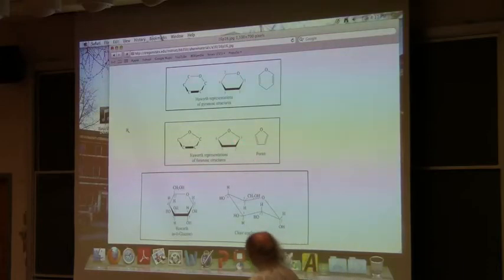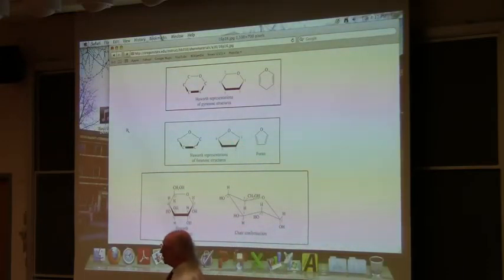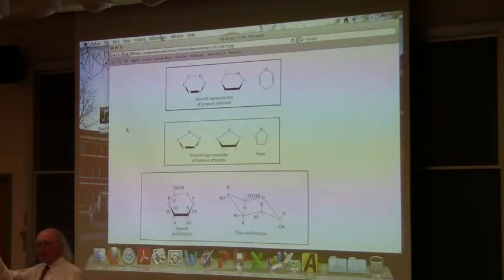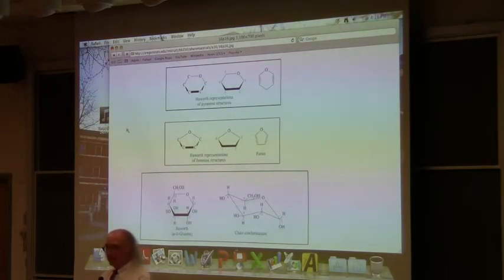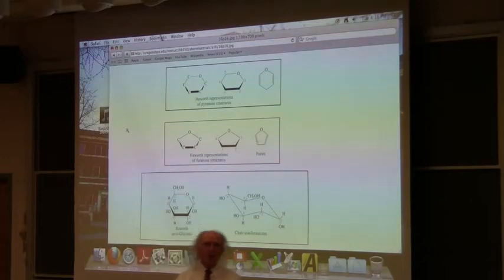Now, for fructose, the anomeric carbon is not carbon number 1, it's carbon number 2. It's the one that had the double bonded oxygen. The anomeric carbon will always be the carbon that had the double bonded oxygen. In the case of an aldose, that's carbon number 1. In the case of a ketose, that's carbon number 2.